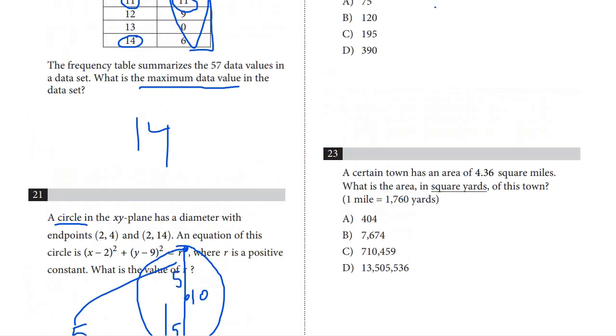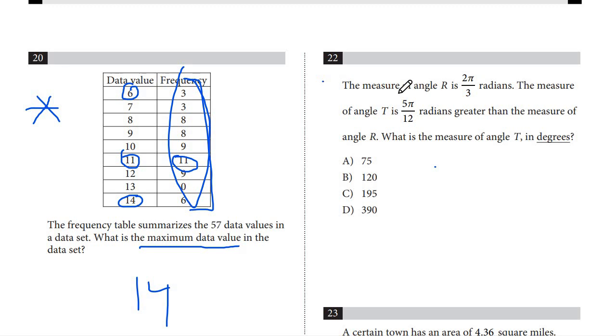Okay, last question, 22. Here we have a measure of angle r, which is 2 pi over 3 radians, and the measure of angle t is 5 pi over 12 radians greater than the measure of r. So what is the measure of t in degrees? All we need to do is add up these 2 radian angles.